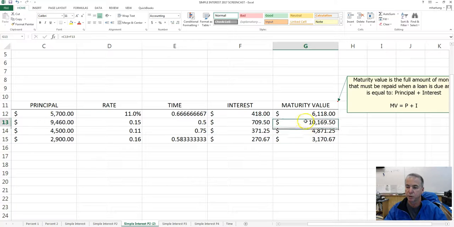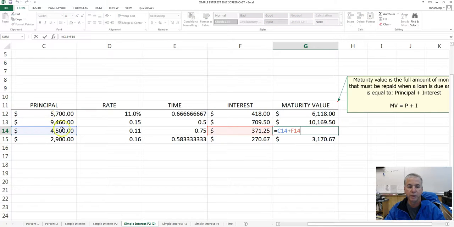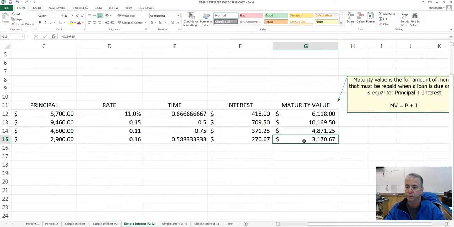And of course, the other way you could do it is to use that fill handle, which is right here, which would copy the contents of cell G13 and maintain this same reference. Four cells to the left plus the one cell to the left gives you that answer. So there we go, maturity value.